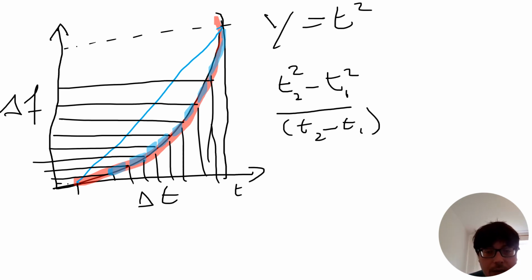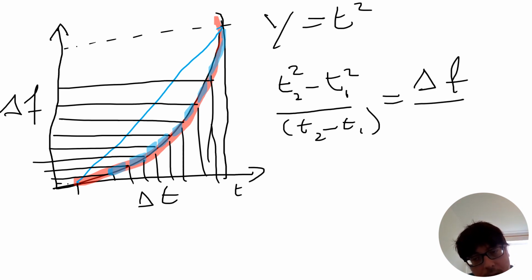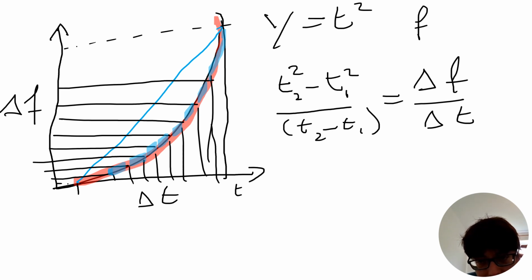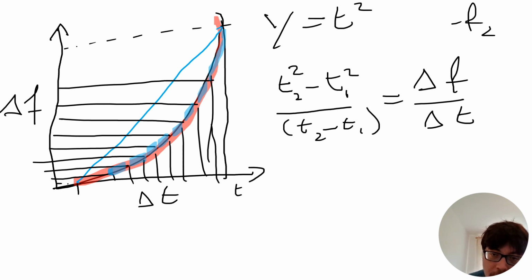This is the definition that we know of delta f over delta t. Nothing changed. If you remember the first slides, f2 minus f1, where f is t2 squared minus t1 squared. So I'm not doing anything special here, just using the same definition over and over.